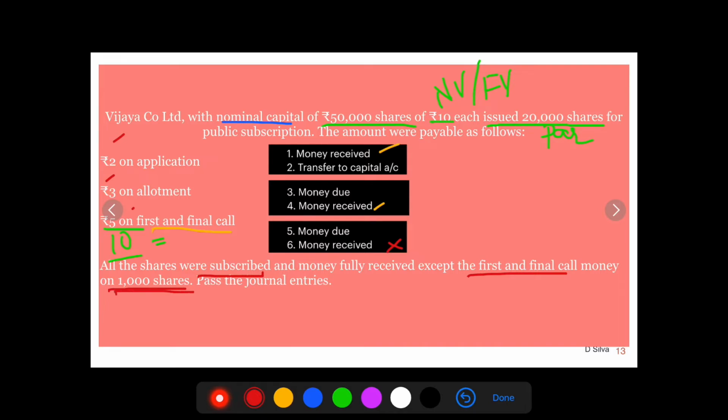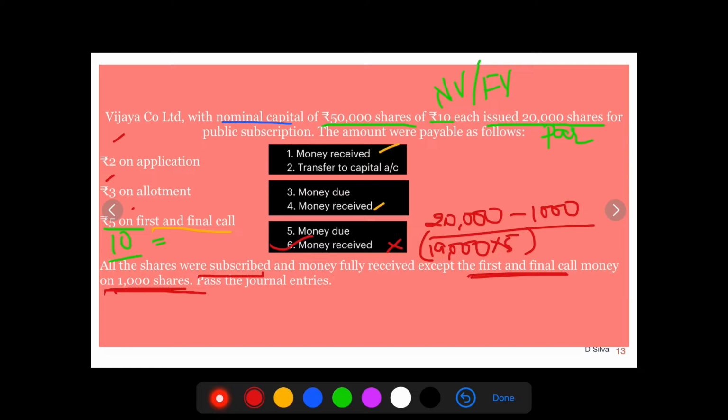So how do we do the calculation? The company has issued how many shares? 20,000 shares, out of which for 1000 shares we are not receiving the money. So how many shares are we left out with? It is 19,000 shares. Out of 19,000 shares of rupees 5 each, for sure we are going to receive the money except for those 1000 shares.